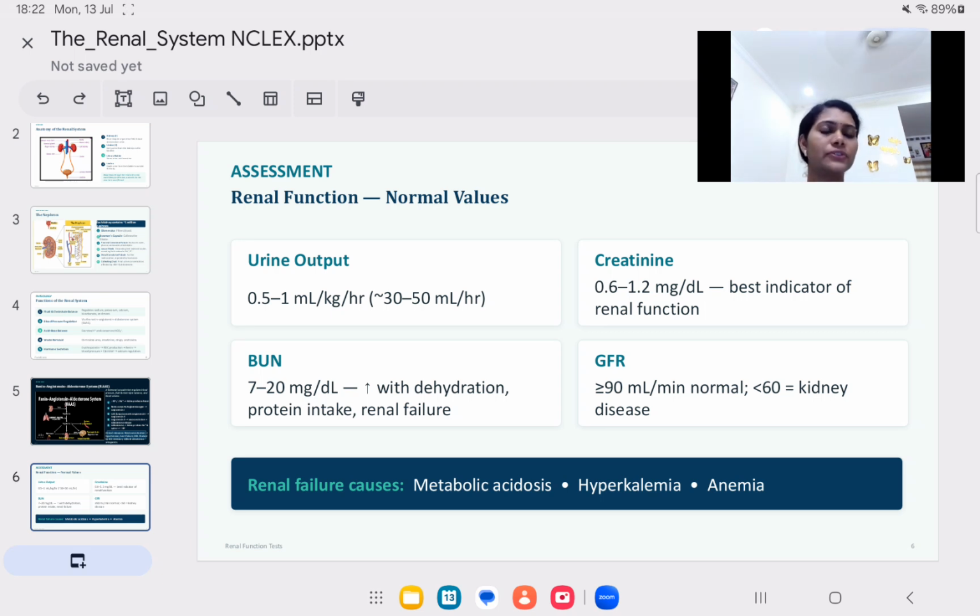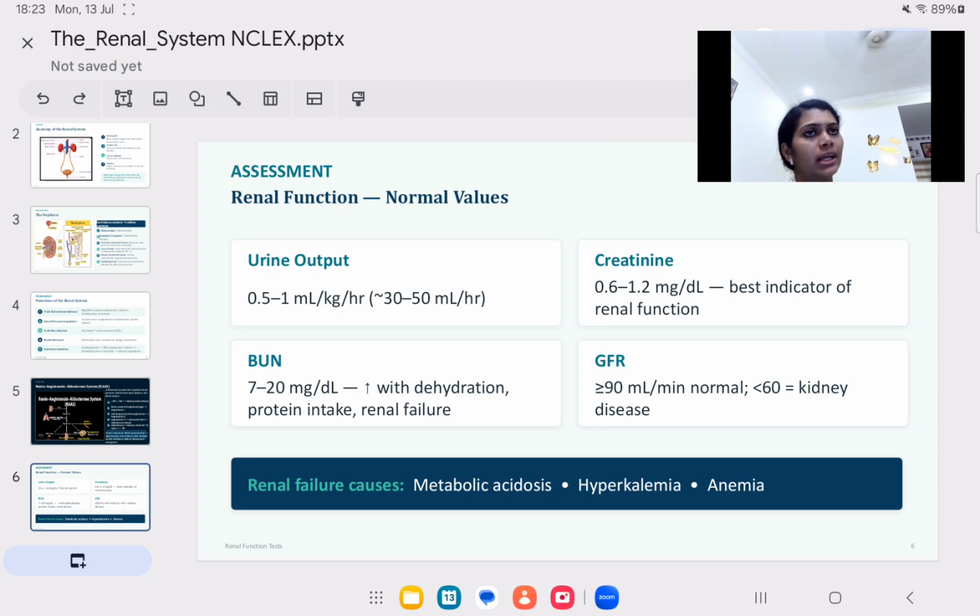Approximately 30 to 50 ml per hour of urine is formed in our body. This is very important: the value of urine output is 0.1 to 1 ml per kg per hour, or approximately 30 to 50 ml per hour.